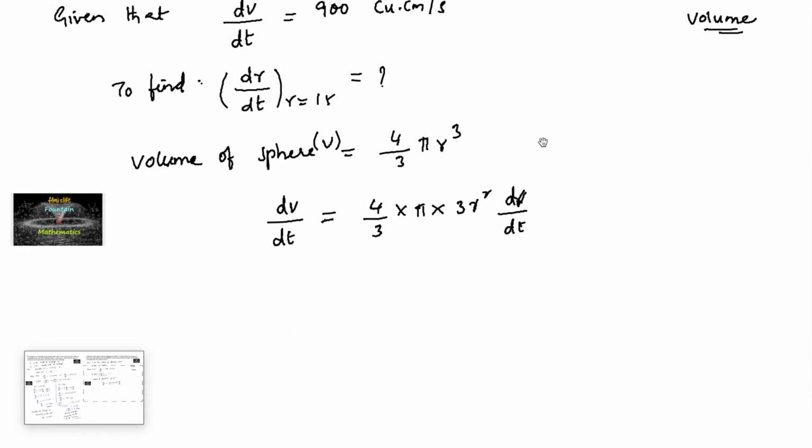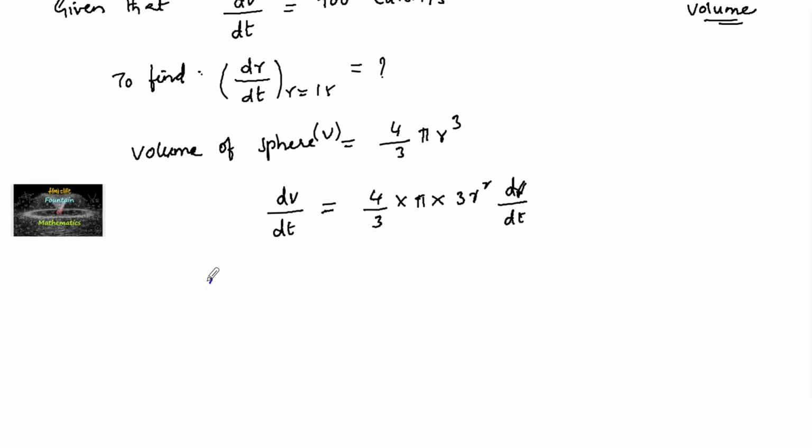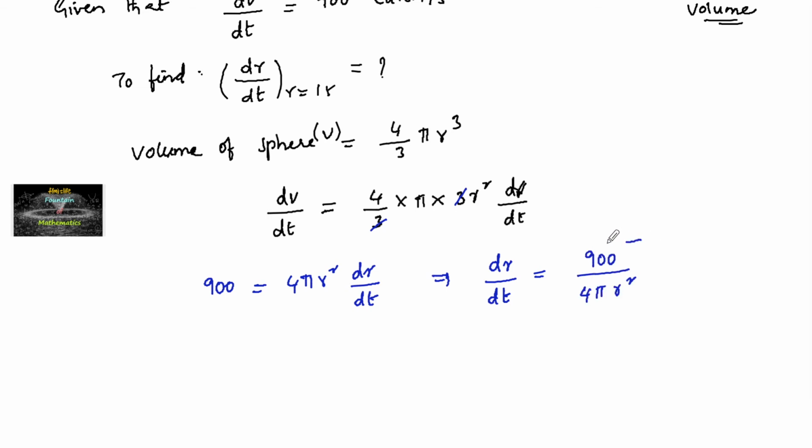So dV by dt is given as 900. Let's substitute. 900 is equal to, here 3 and 3 get cancelled, 4 pi r square into dr by dt, or we can write dr by dt is equal to 900 upon 4 pi r square.